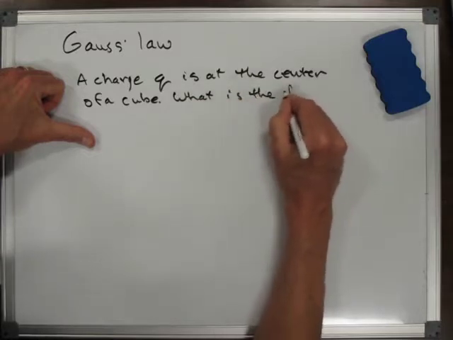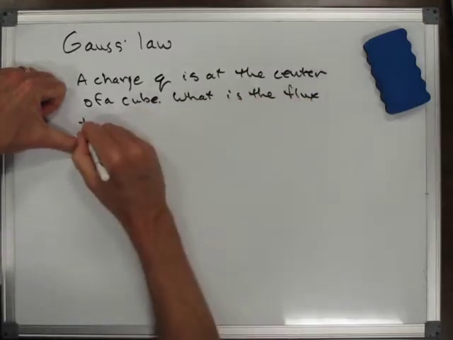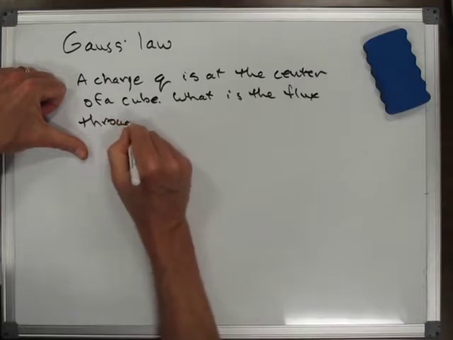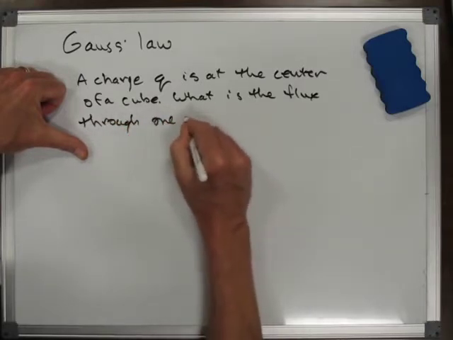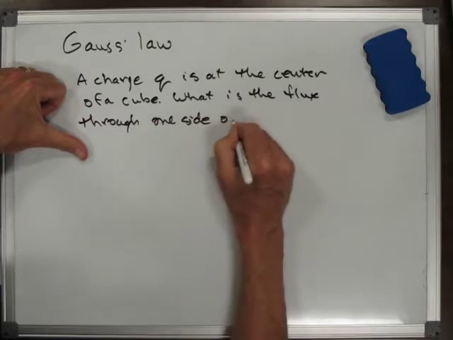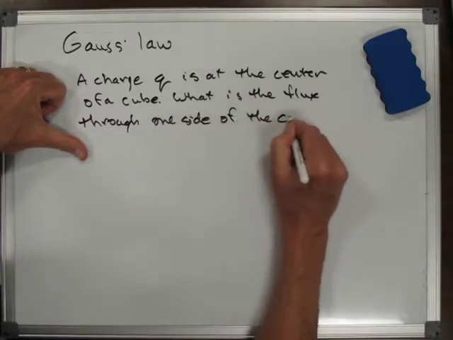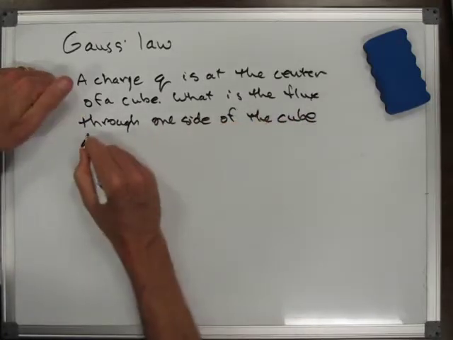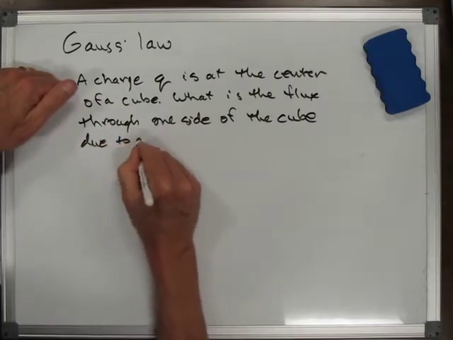What is the flux through one side of the cube due to the charge?